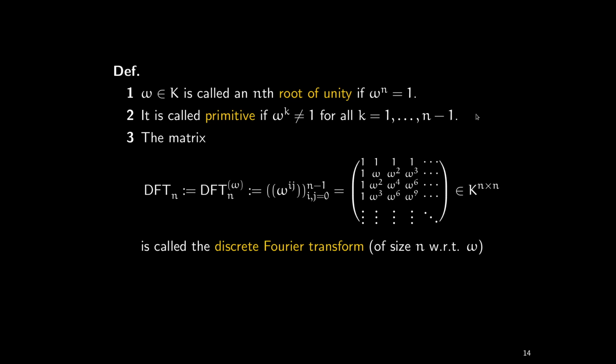And using this concept of roots of unity, we define now a certain matrix. It's called the DFT matrix, the discrete Fourier transform matrix.